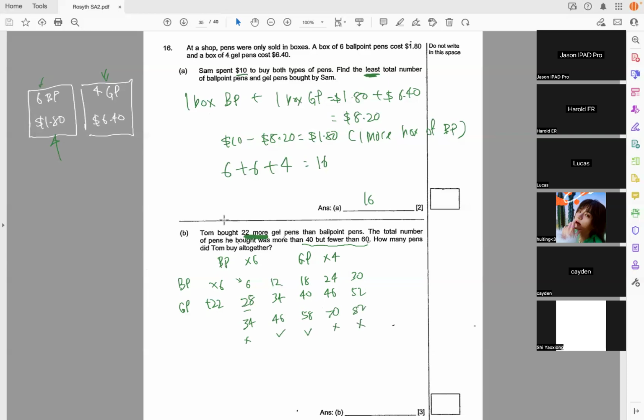So the question is, how many pens did Tom buy altogether? The total number of pens he bought was more than 40, but fewer than 60. It could be 46 and could be 58? Let me check: total more than 40, fewer than 60.